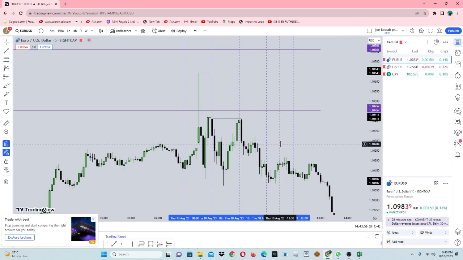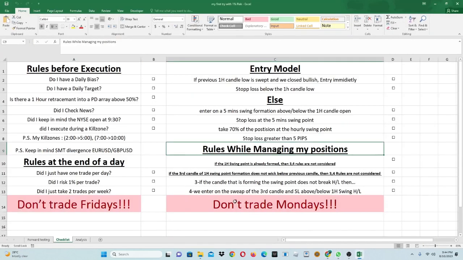So for example, this is a rule in my trade. If the candle that is forming the swing point does not break the high of the low, then we enter off the sweep of the third candle with a stop loss above the swing point.